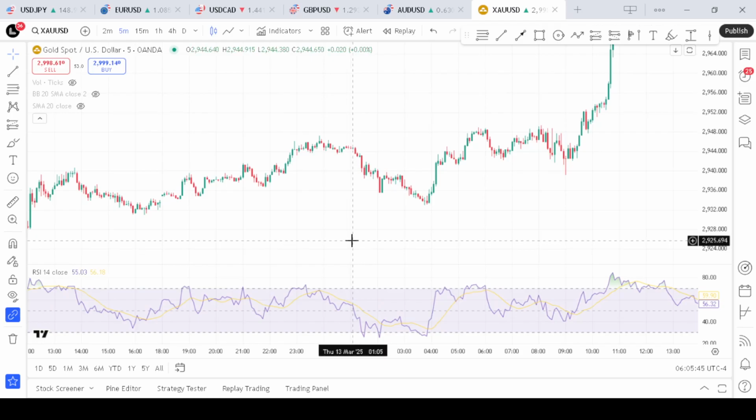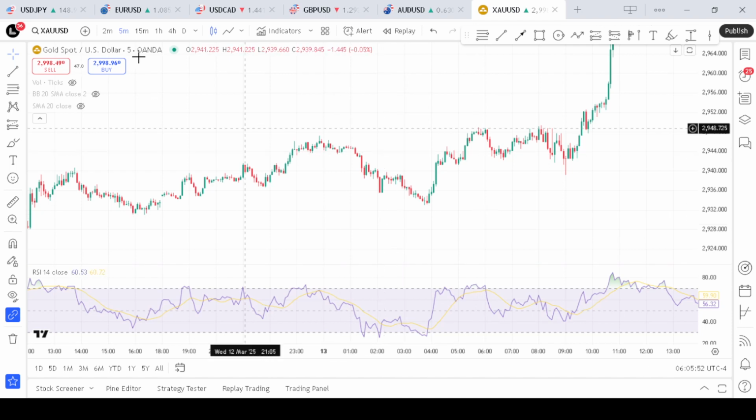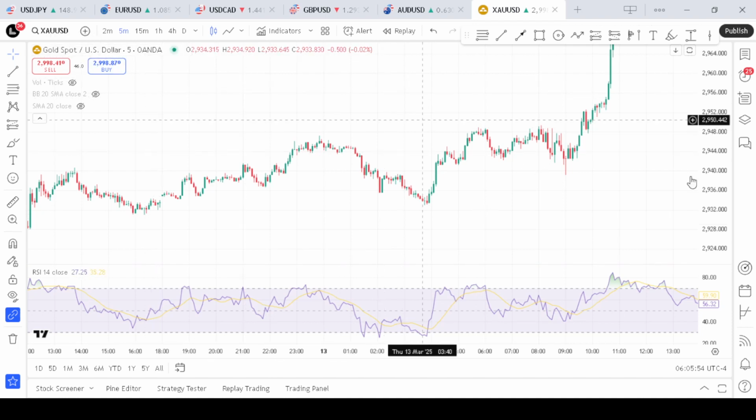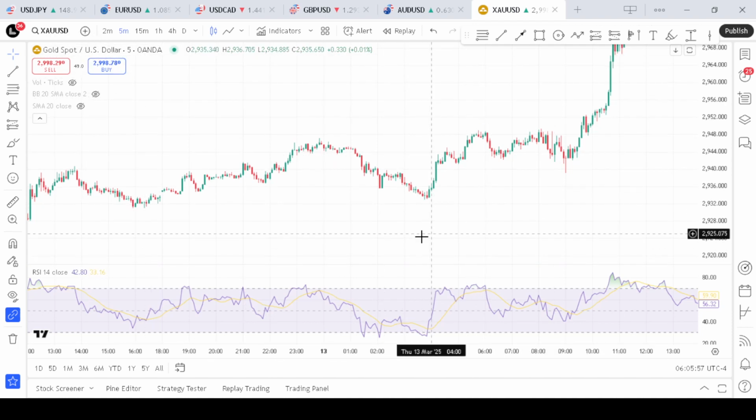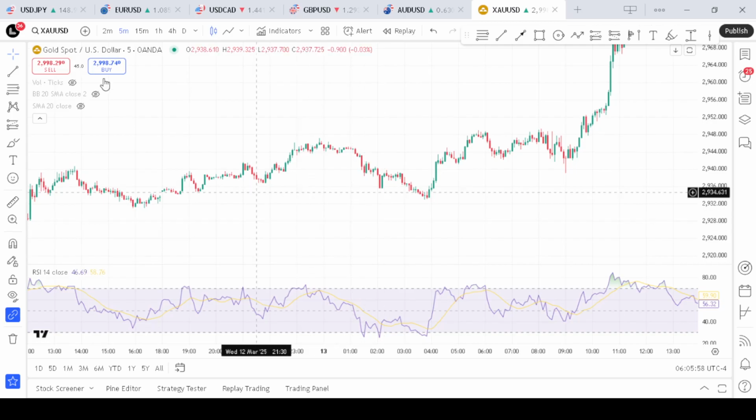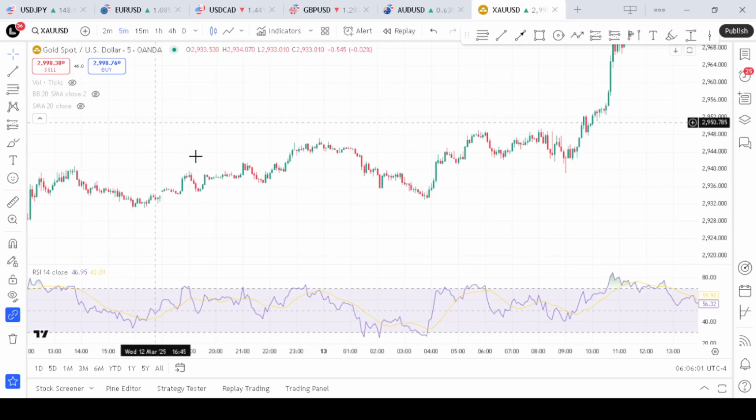Setting up your chart for gold scalping begins with setting up your chart correctly. You open your trading platform and select the gold spot as it is on my screen. You set your time frame to the 5 minutes time frame because this is crucial as our strategy is specifically designed for this time frame.